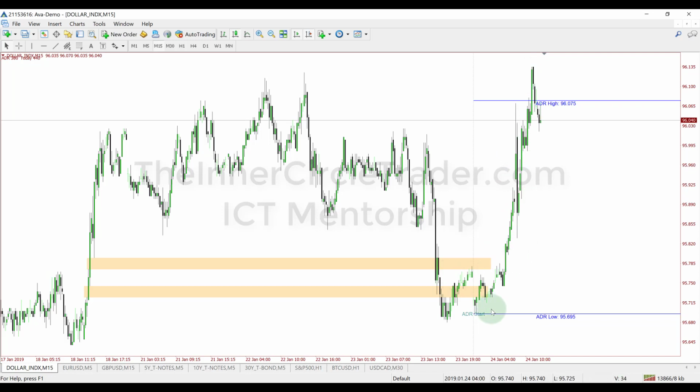So we had an ADR yesterday that was below. It never traded to it, but we did see it trade to today's ADR. Hit it, went higher, cleared the original highs up here. Nice area of liquidity was attacked.